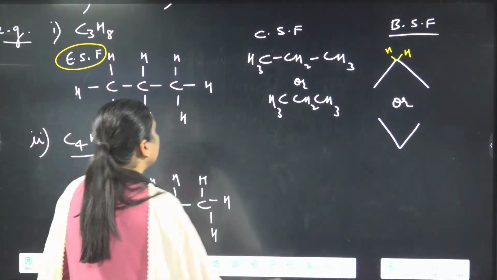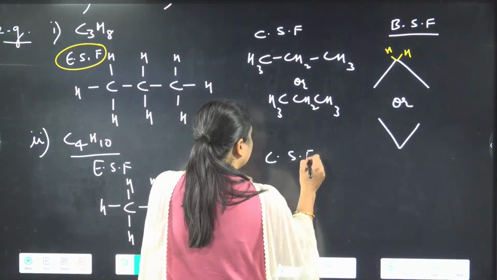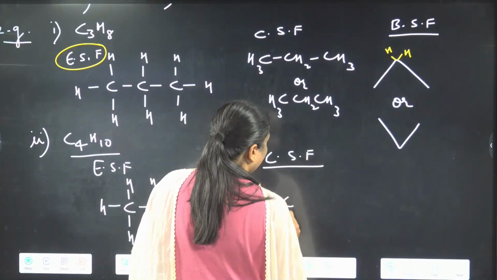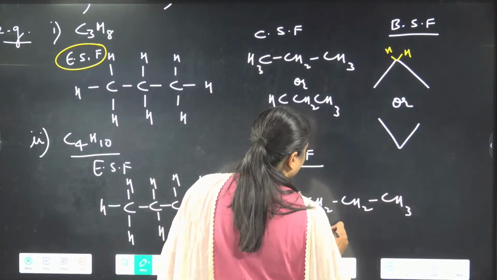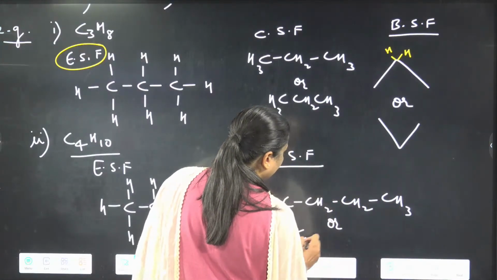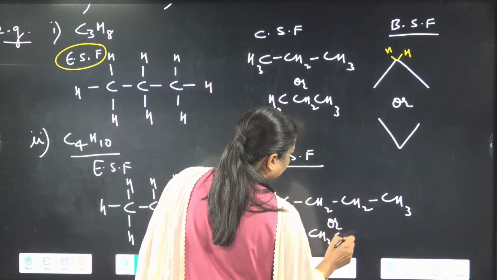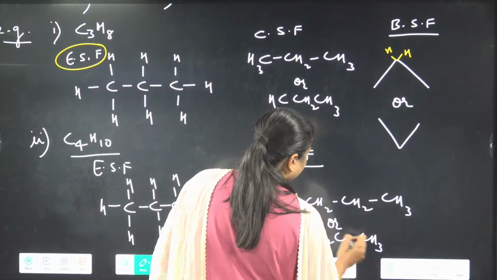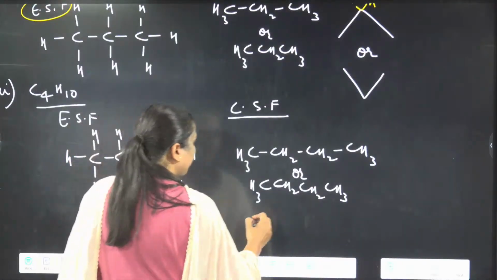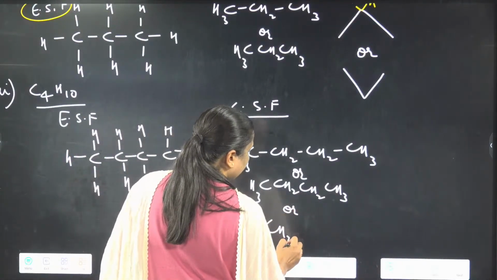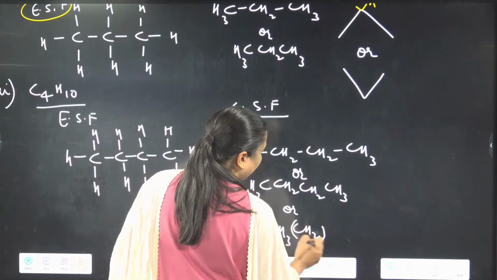Okay. So here you are having condensed structural formula. Either I can write CH3, CH2, CH3, or else I can write CH3, CH2, CH2, CH3. I have removed this bond also. Or else sometimes it could also be written like this: CH3, CH2 twice, CH3.